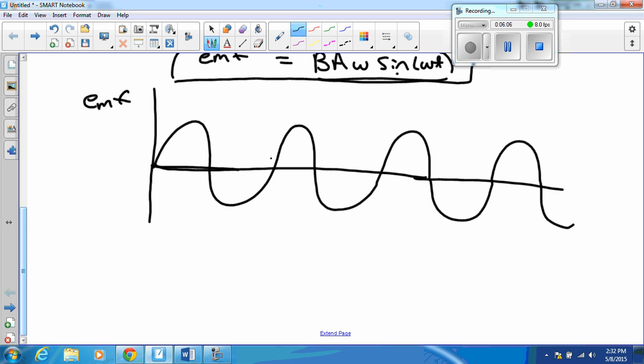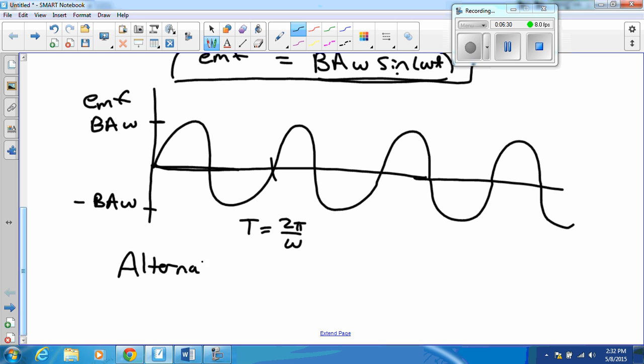It's going to be sinusoidal, and it's going to have a period of 2 pi over omega, because it's sine omega t. And it's going to have an amplitude of BA omega, just like that. We call a sinusoidally varying current like this alternating current.